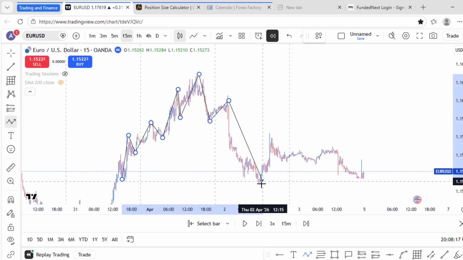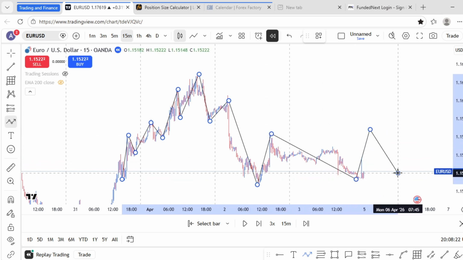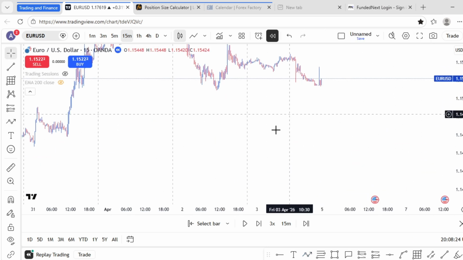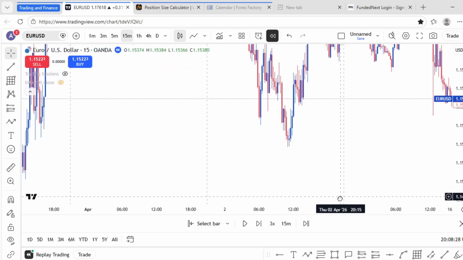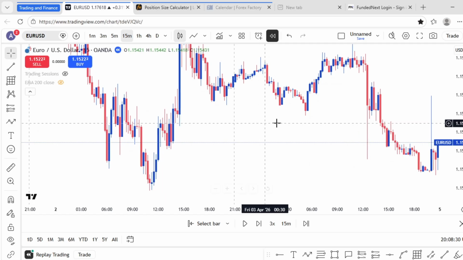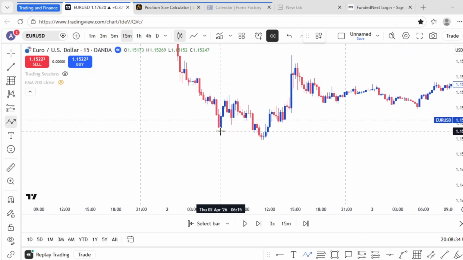Price is creating lower lows and lower highs, and this is what price is simply doing. But if you pay attention to market structure, you realize that this is the last swing low.